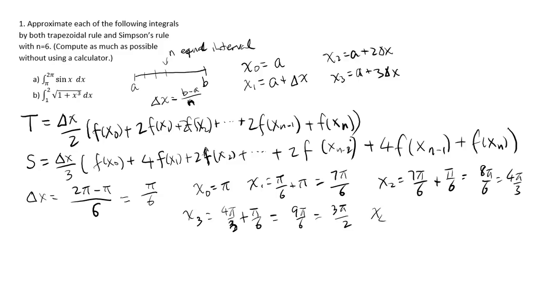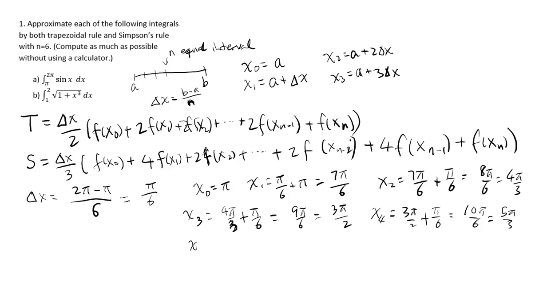x4 is 3 pi over 2. Add the step size. This is 9 over 6, so 9 plus 1 gives you 10 pi over 6, which is 5 pi over 3. Now, when do you stop?